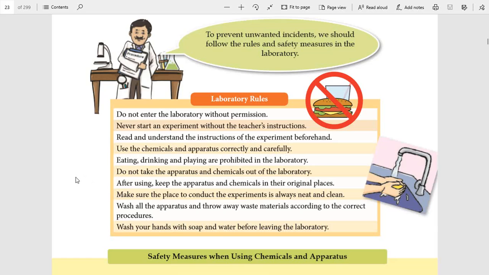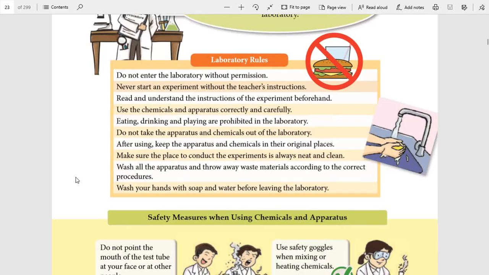Do not eat, drink, or play. You cannot drink even if you bring water. Do not take the apparatus or chemicals to your home. We check after we do the experiment. After that, keep the apparatus and chemicals in the original place.